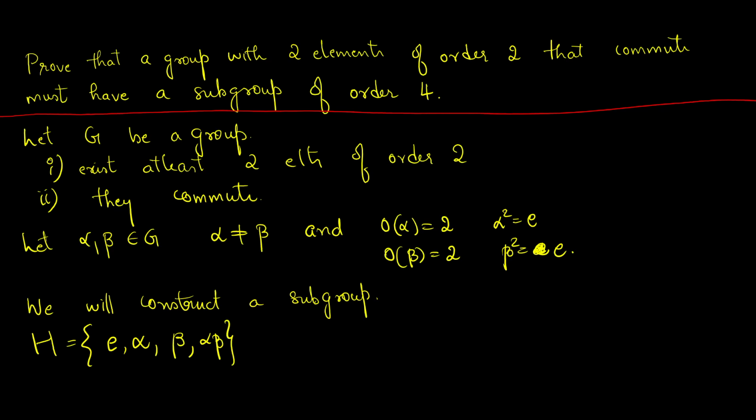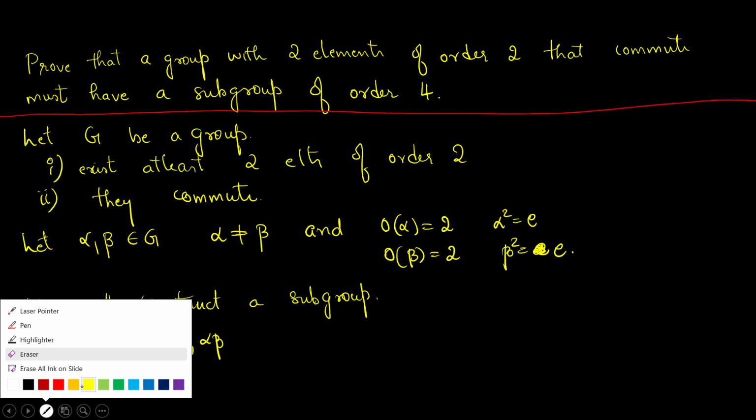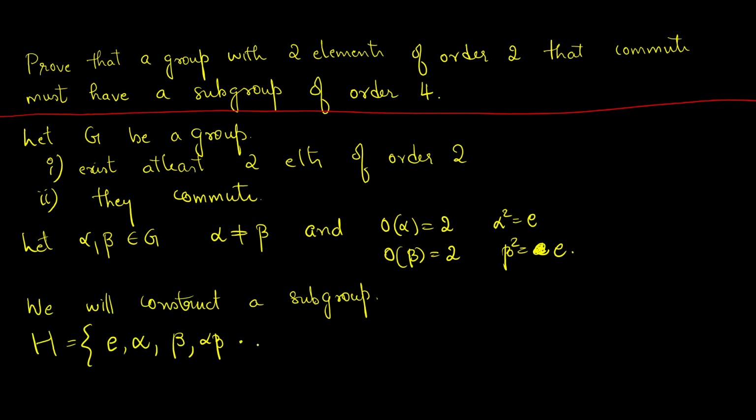For the time being we will consider these elements, but then we should also be worried: can we close this? Should there be any other elements? For H to be a subgroup, it must satisfy closure and so on. Should there be any other element? As of now we don't know, so we will write down the table and then check what is happening.